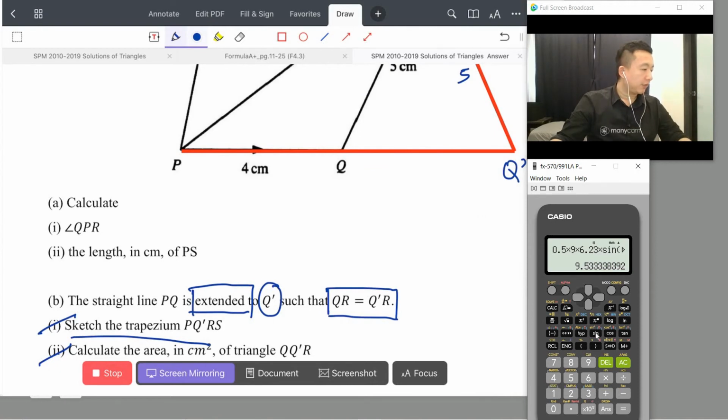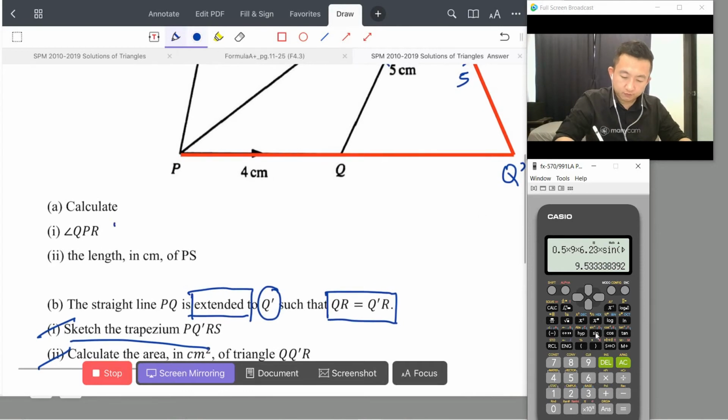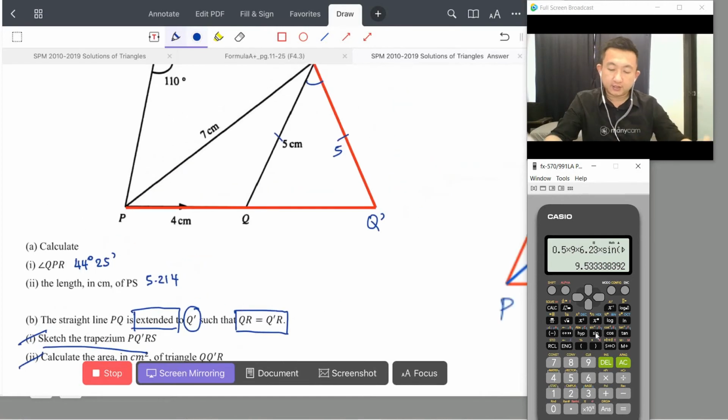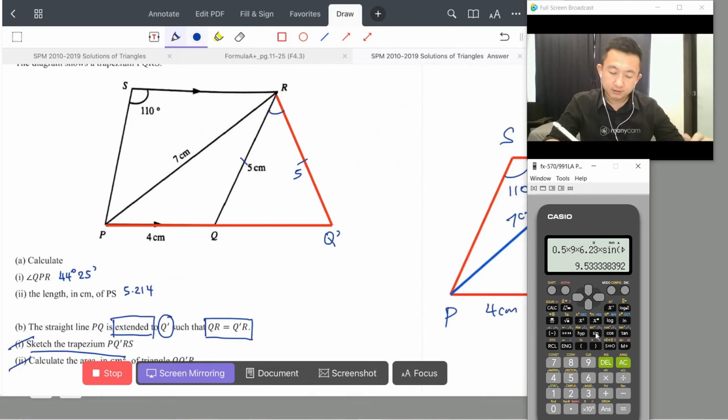A1 QPR, we should have how many? 44 degree 25 minutes. Length of PS, 5.214. Now let's try to put this in. This is QPR, 44 degree 25 minutes. Oh, this is not QPR, I'm sorry, this is only QPR. Okay, what else do we know?